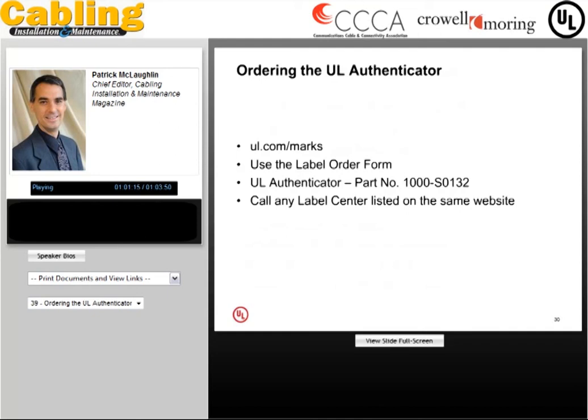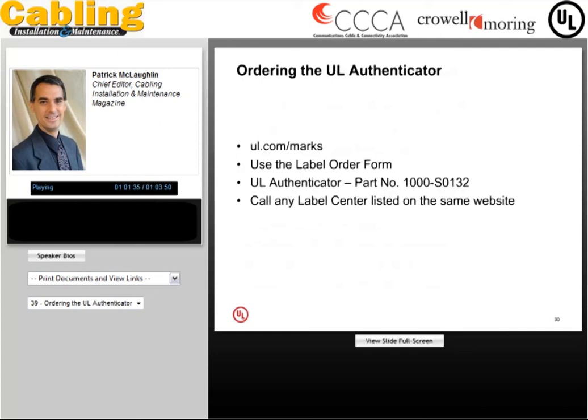Okay, the ordering of the UL Authenticator? Yes. Okay. I did receive a couple of questions. I think I've answered them individually. If you're looking to locate the UL Authenticator, you go on to www.ul.com/marks. When you get to that page, I believe on the left-hand side, you will find a label order form.